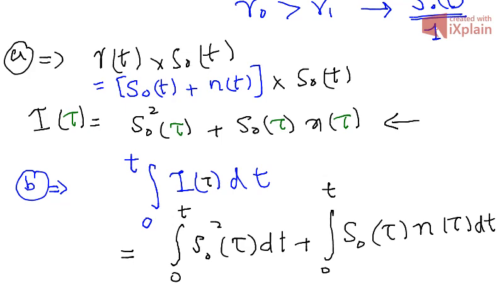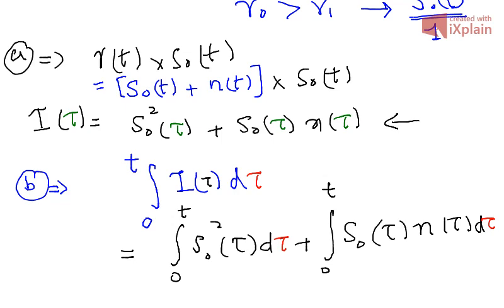Sorry, I made one mistake, so you should correct it here. This should be d tau, because we are using the tau variable now. The limit is t, but the variable is tau, so I'm making this correction here.